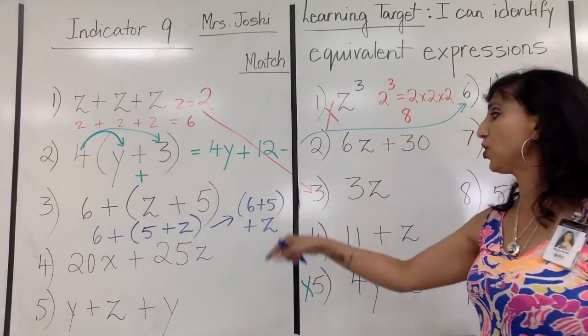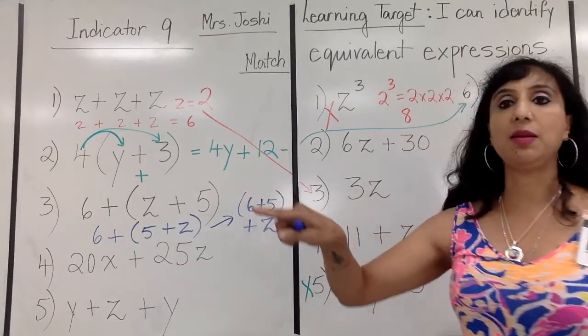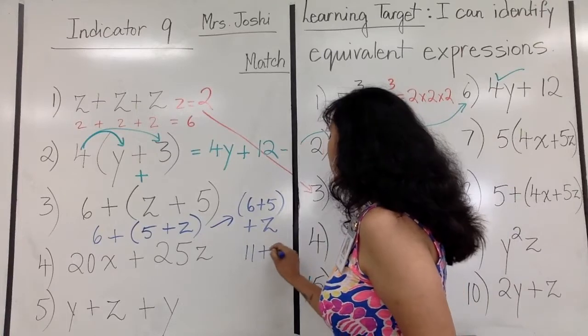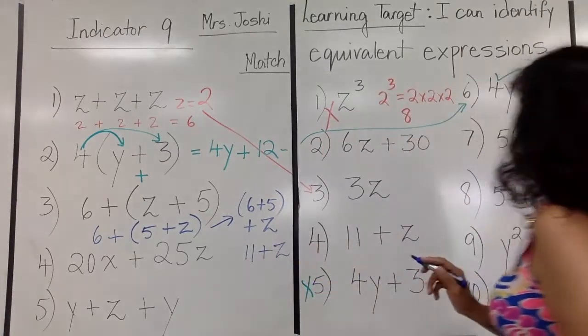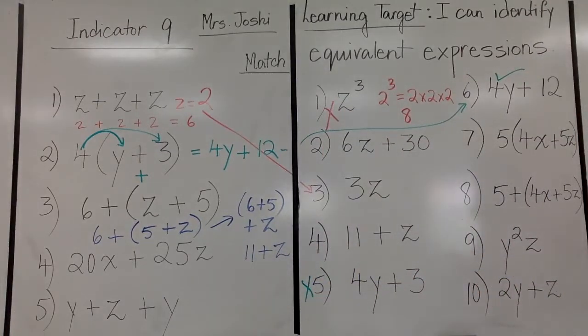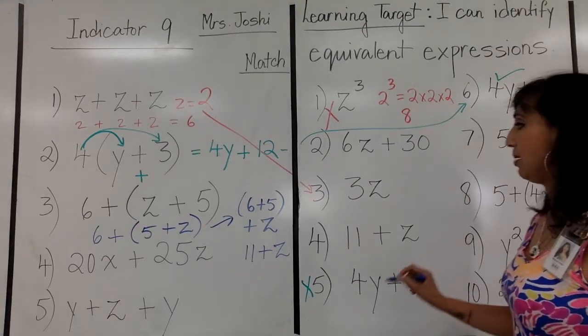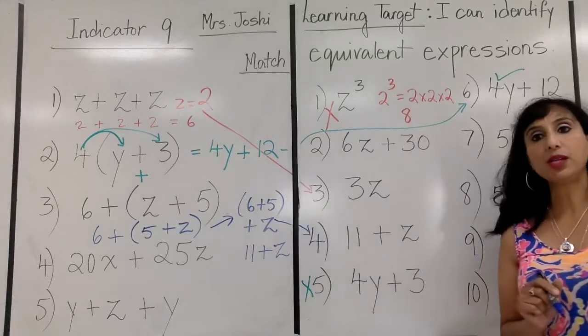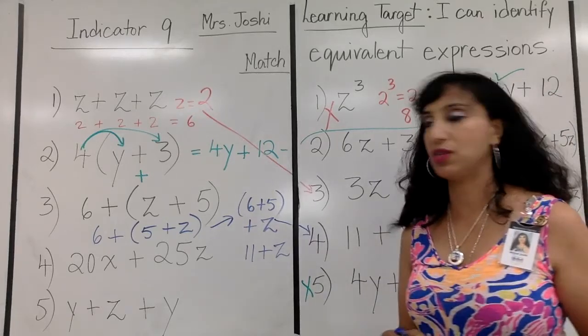But right now I'm just trying to show you that numbers together can be added. And 6 plus 5 is 11 and plus z. So you can write 11 plus z, or you can write z plus 11. Both are going to be the same thing. So this one is matching with this. So you're just trying to solve it and then work it out.